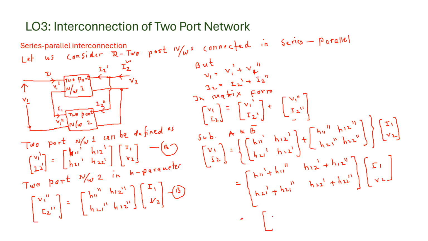So we can write it as H11, H12, H21, H22, I1 and V2, and the input vector V1 and I2. So this is the equivalent H parameter model for the equivalent circuit for two-port networks connected in series parallel combination.